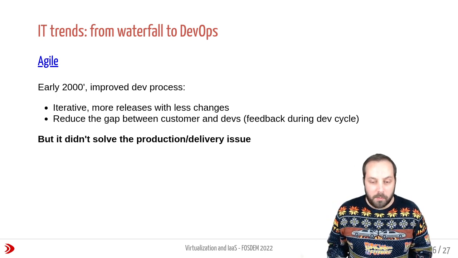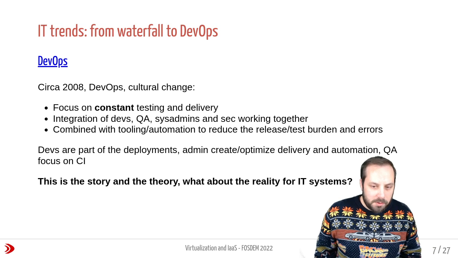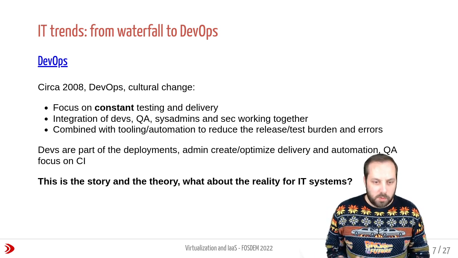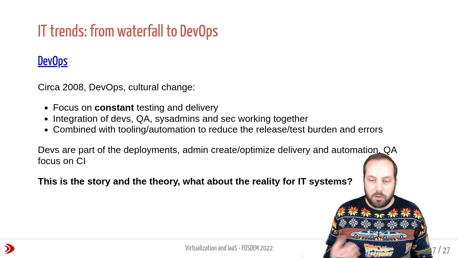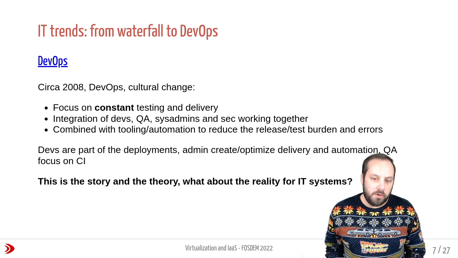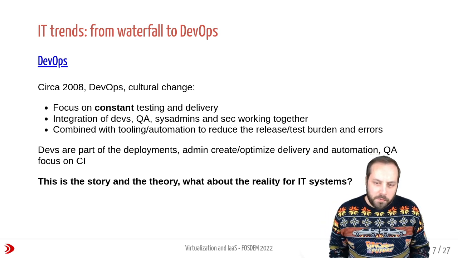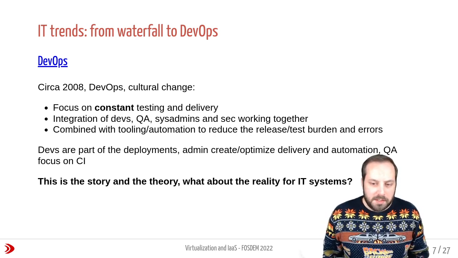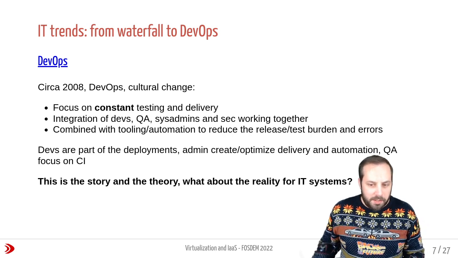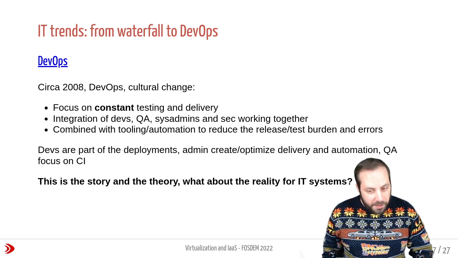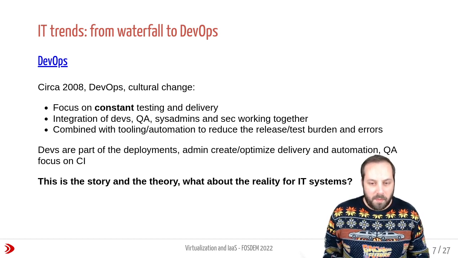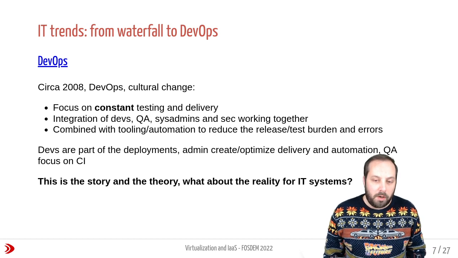So that's why we had what we call DevOps, which is not just a technical change, but more than that, it's a cultural change. And for that, the main focus of DevOps is constant testing and delivery. It means testing while you are building the software and delivering the software very, very often, maybe multiple times in a day, is at the core of the DevOps culture.